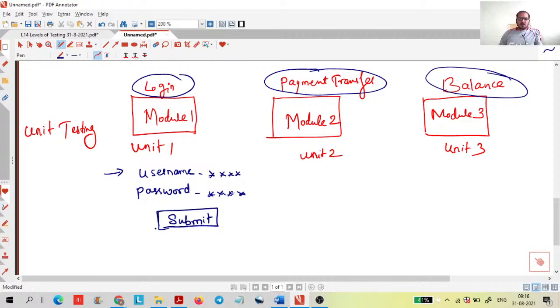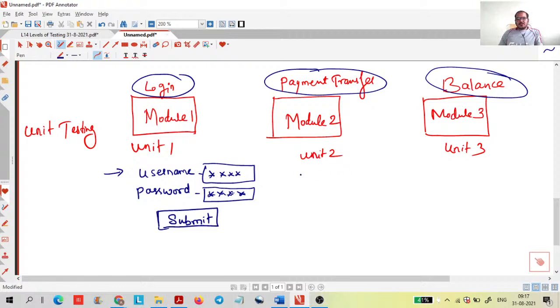If the username and password are correct, then login should succeed. If there is a mismatch, a wrong username or wrong password, it should give an error message. That is what we are testing in module 1.